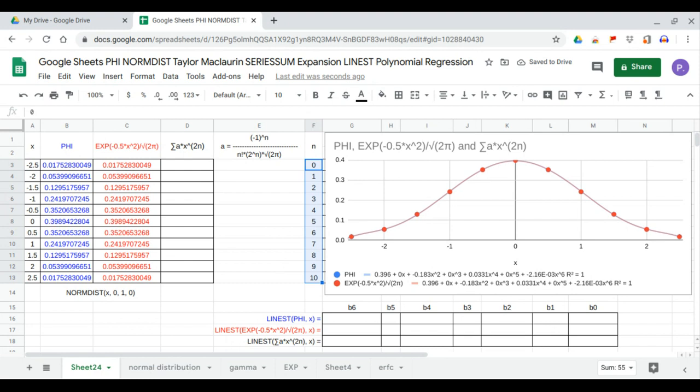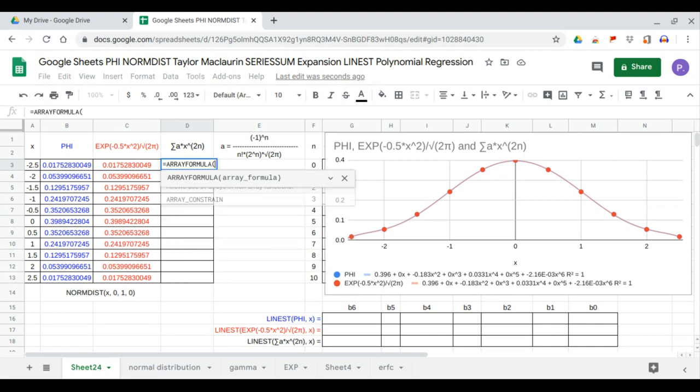Next, we will enter the expansion, which is our formula, SERIESSUM. The x values will be here, and the n will be the power, starting with 2 to the n, so 2 to the 0. x to the 2 to the 0 is x to the 0, and then x to the 1, 2 times 1 is 2.